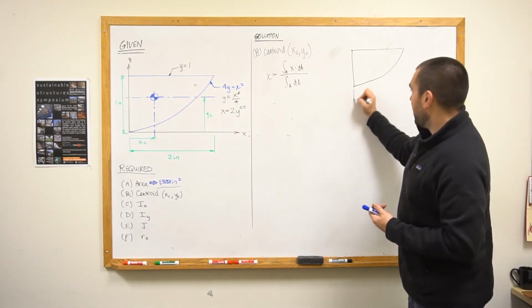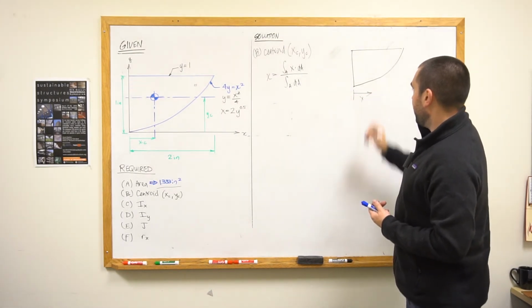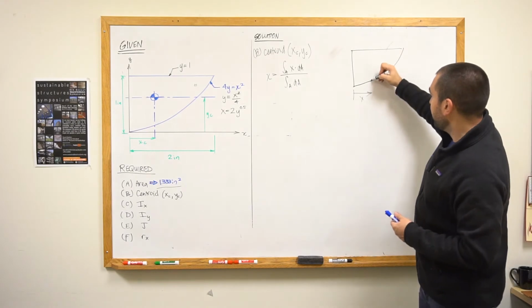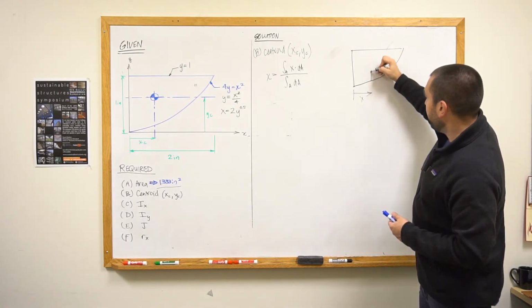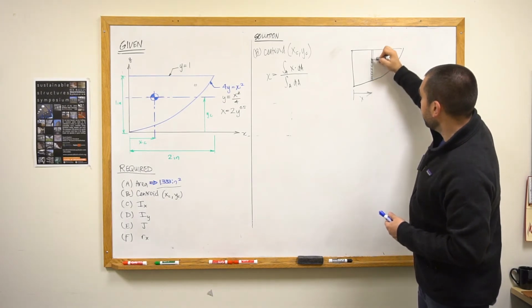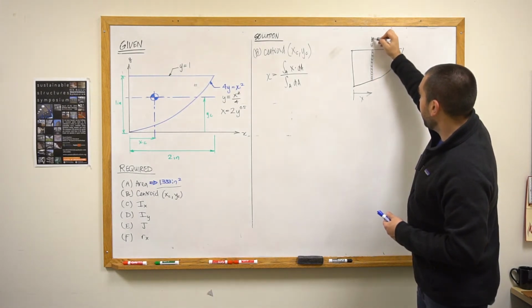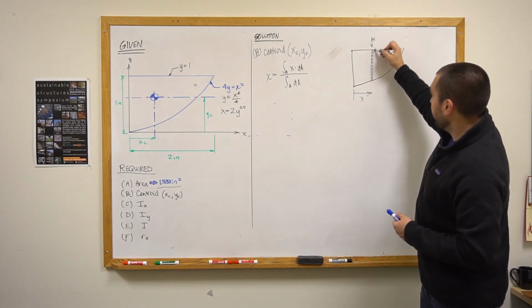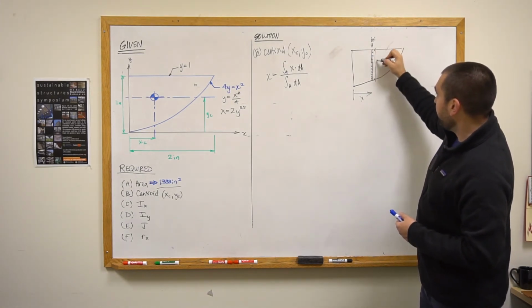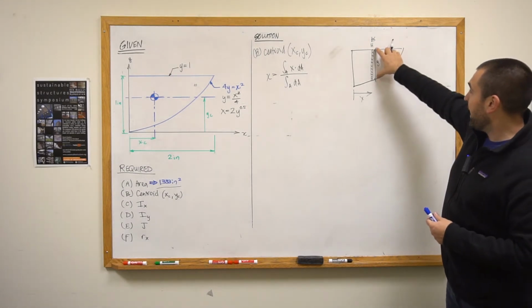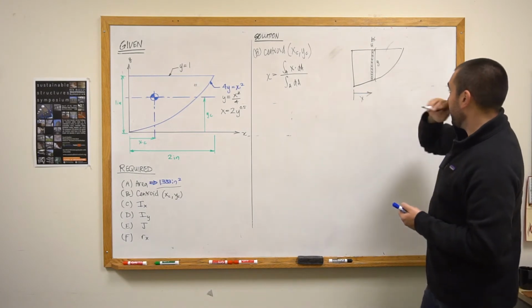Here we're interested in the x distance, and even though there are multiple ways to do this, I think the simplest way would be another vertical slice here. It has a width of dx, and the area will simply be dx times this height.